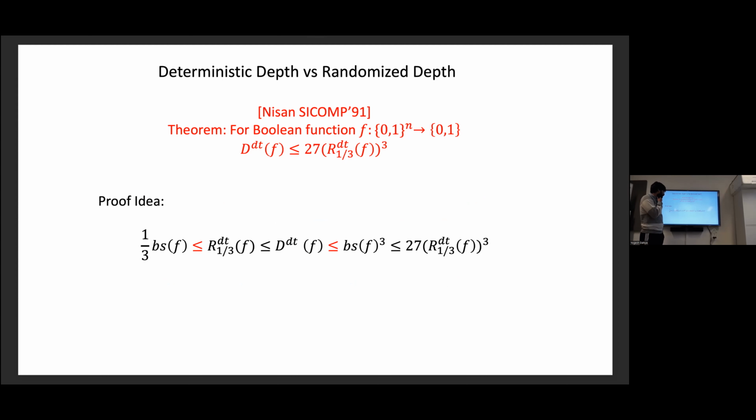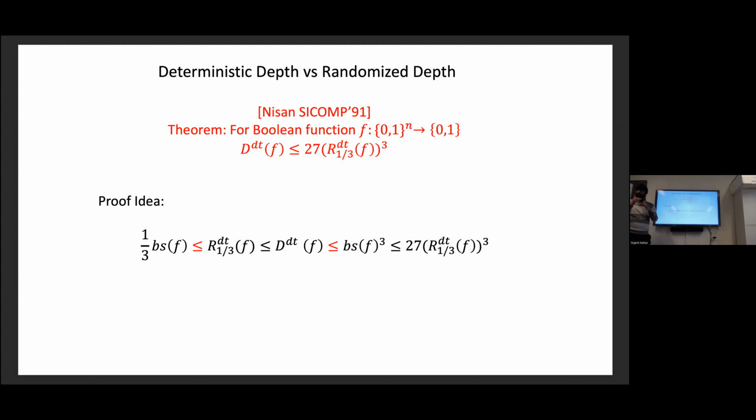Okay. So let me say how Nisan showed this result, to be instructive for this. The way Nisan showed this result was first, he characterized the deterministic depth using a combinatorial measure, which is block sensitivity. I'll define block sensitivity soon, but just think of bs(f) as some combinatorial measure. What Nisan did was that he showed the deterministic depth complexity is polynomially related to block sensitivity. It is lower bounded by block sensitivity, and it is upper bounded by block sensitivity to the power 3.